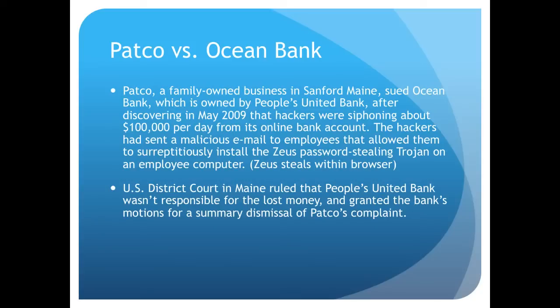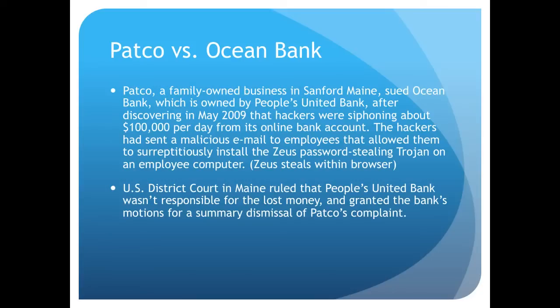They got about $600,000 before the company realized that it was disappearing, and with the help of the bank, they stopped about half of it. So they had about $300,000 loss in this particular case.